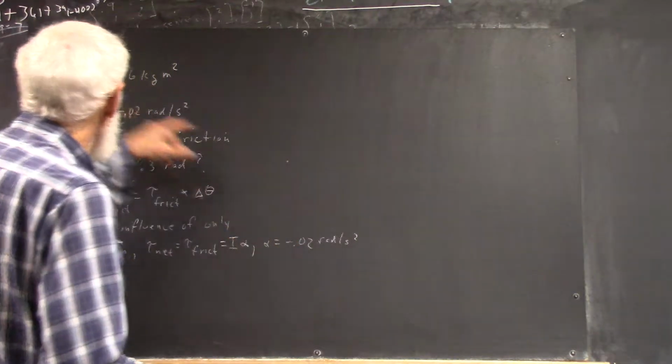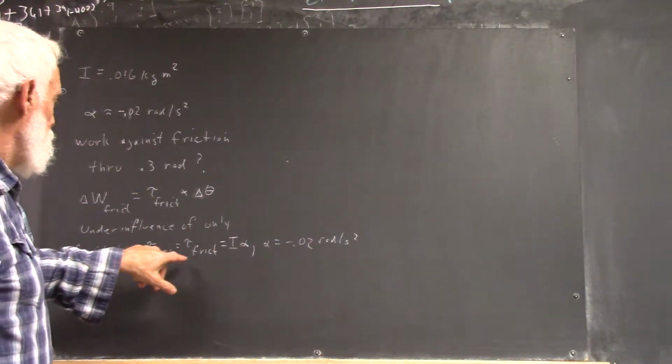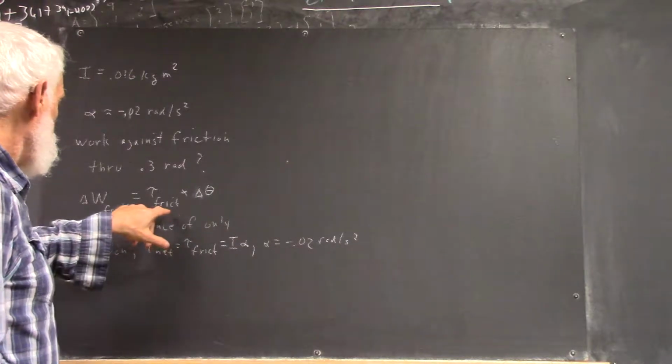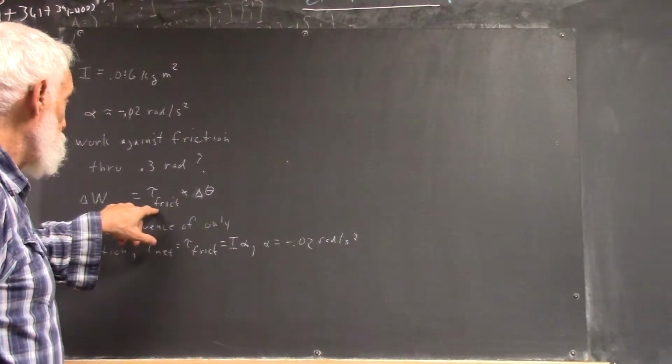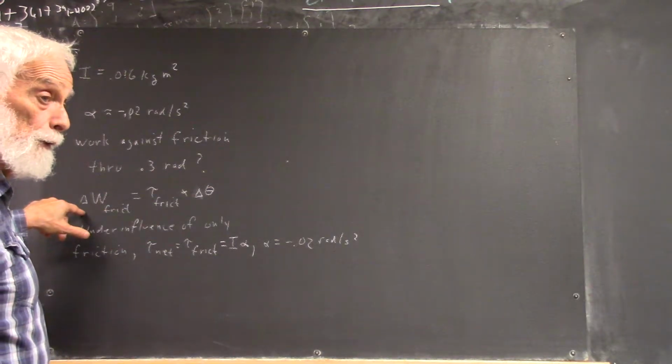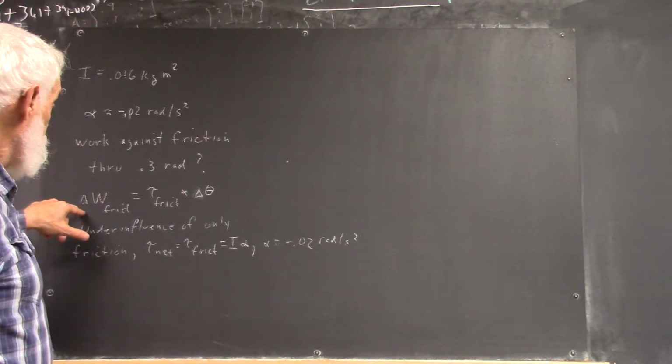Well, we multiply this by I, we get the frictional torque. Using the frictional torque, we multiply that by the 0.3 radians and we get the work done by friction.